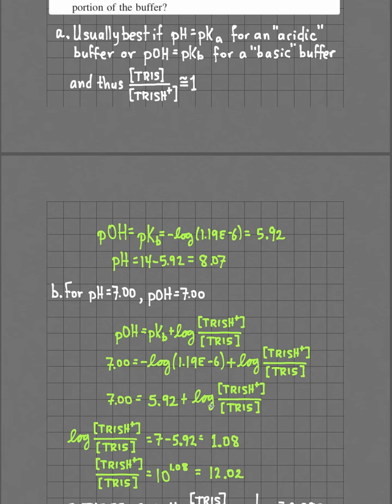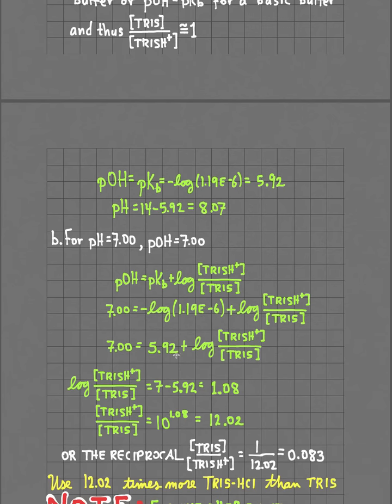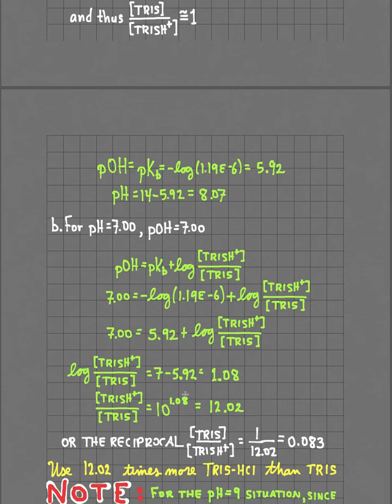So I want this ratio to be a little bit positive. In other words, subtract 5.92 from both sides, and I get 1.08. So I want the log of this ratio to be 1.08. Take 10 to the x on this side and 10 to the x on this side.